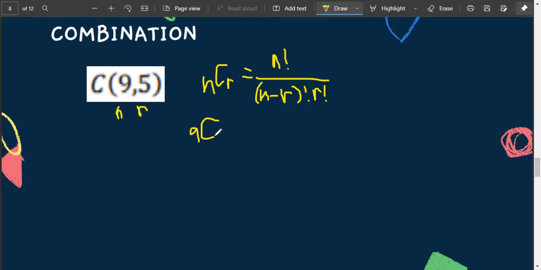Ang N natin is 9, C5. 9C5 or 9 objects taken 5 at a time. So, ilagay lang natin siya. Instead na N, lalagay na natin ay 9. 9 factorial over, ang N is 9 minus 5 factorial times, ang R mo is 5 factorial.